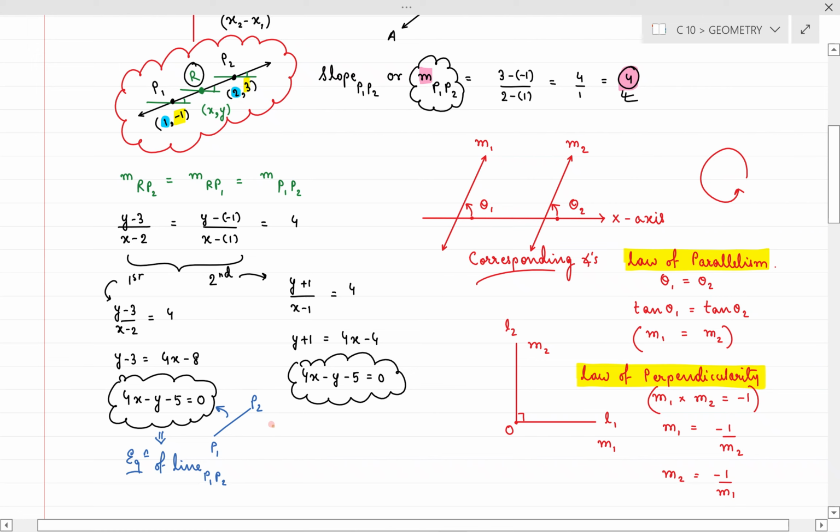So what you have to do is, step number 1, find the value of y in terms of x. Equation of line is given as 4x minus y minus 5 is equal to 0. You consider the value of y in terms of x. If you shift y to the right hand side, you get 4x minus 5.